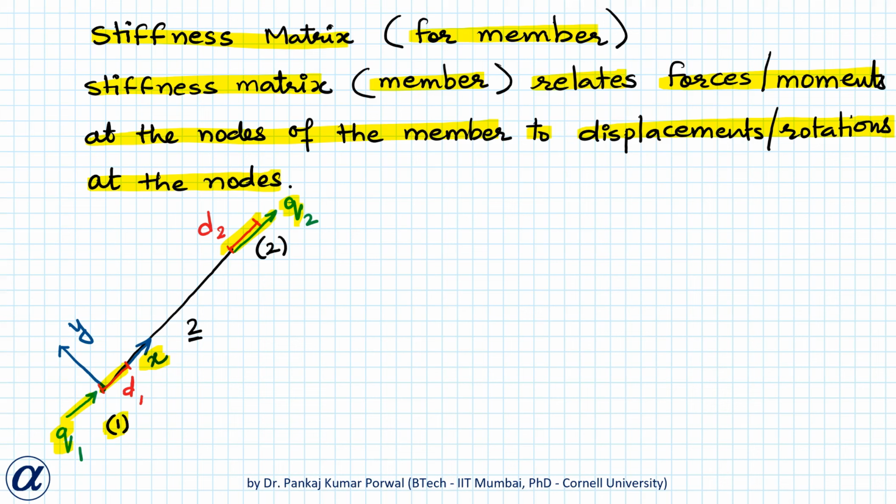Now to find the relationship between q1, q2 and d1, d2, we consider two cases, and in each case I apply 1 of the degrees of freedom and find the corresponding values of forces at the nodes of the member. So in case 1, I apply only D1 and we fix the other end so that there is no displacement.